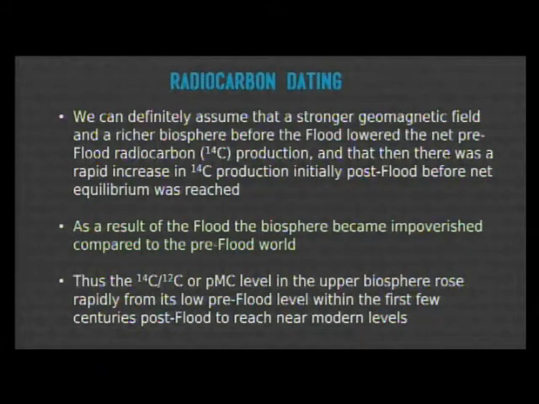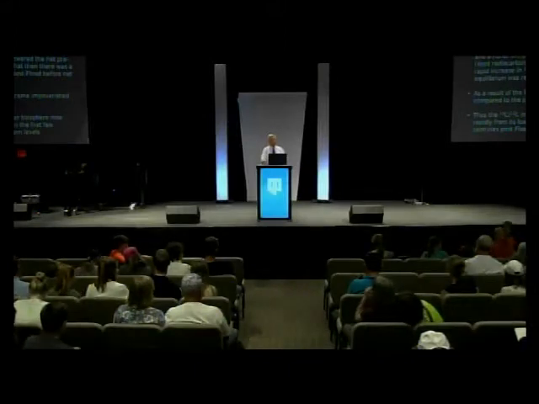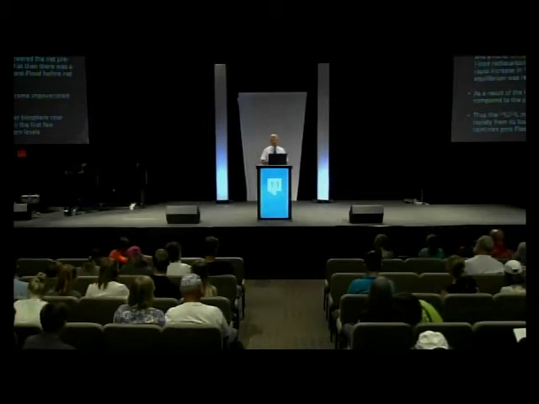And as I said before, we can definitely assume that a stronger geomagnetic field and a richer biosphere before the flood lowered the net radiocarbon production rate prior to the flood. After the flood, there was a rapid increase in carbon-14 build-up, particularly in the early post-flood period, until net equilibrium was reached.